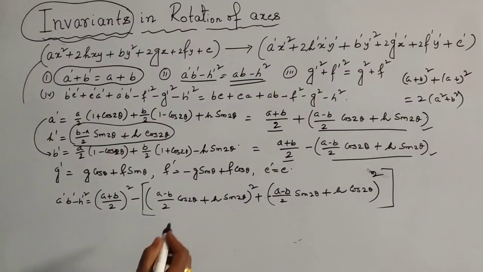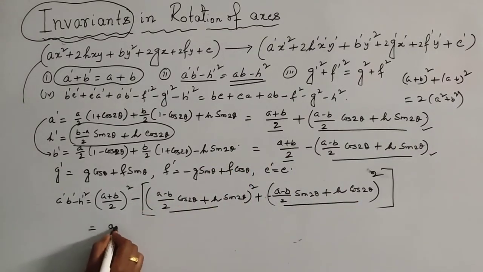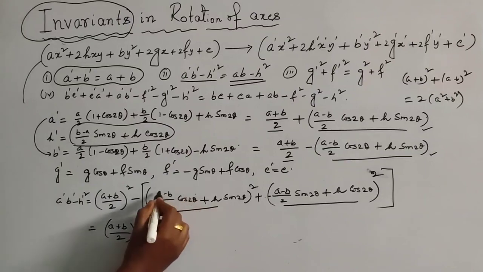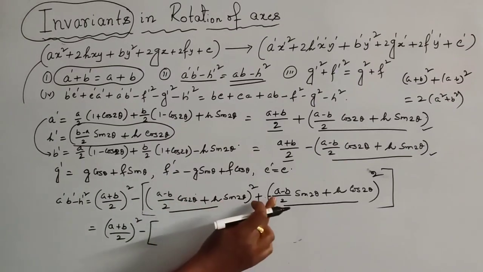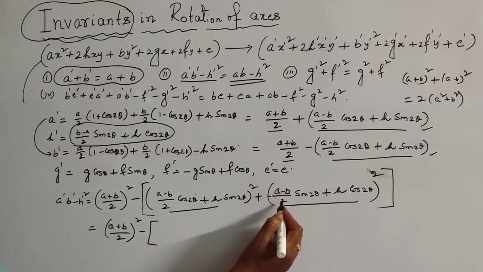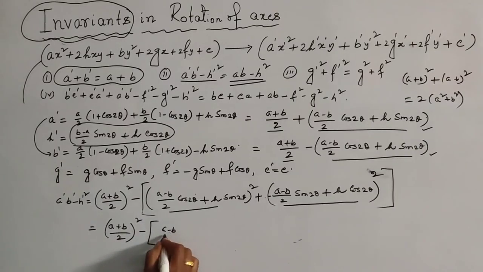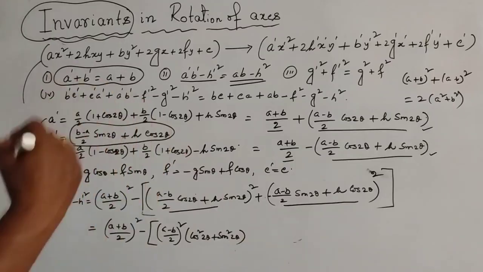Now if we expand these two squares, we get ((a plus b) by 2) whole square minus, from here we get ((a minus b) by 2) whole square into cos square 2 theta, and from here we get ((a minus b) by 2) whole square into sin square 2 theta. So we get (a minus b) square into (cos square 2 theta plus sin square 2 theta).